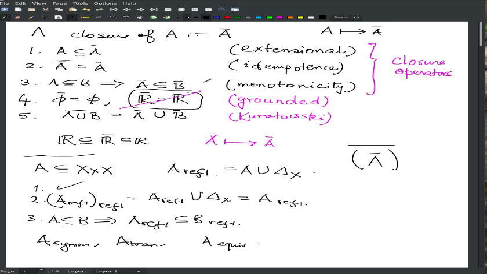You have seen already this idempotent law, which says A union A is equal to A. So it boils down to something simple over here too. It's the idempotence of this closure operation, which says that if you take closure and then closure again, you don't get something new. You still get closure.